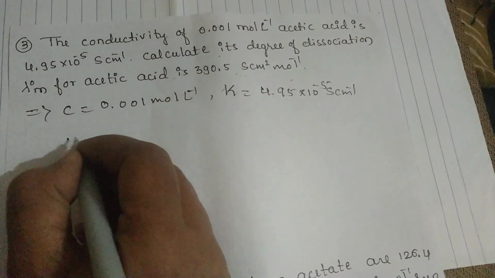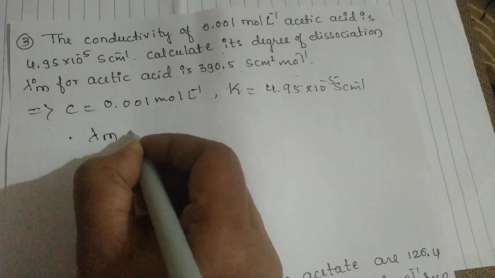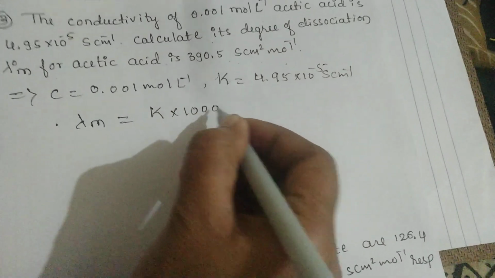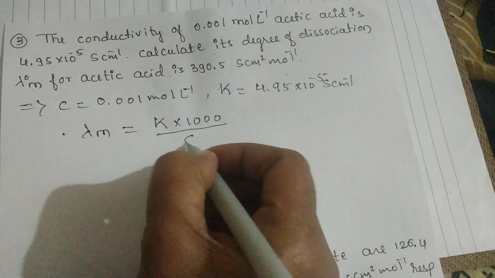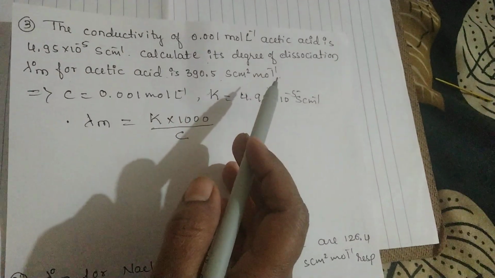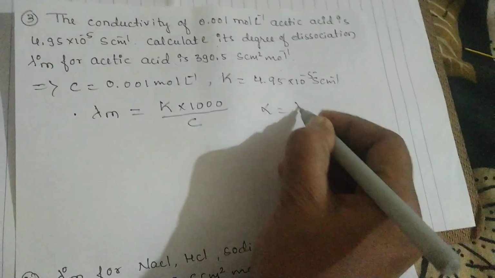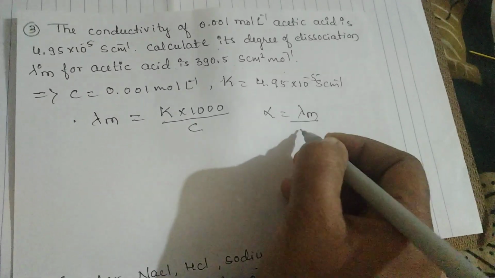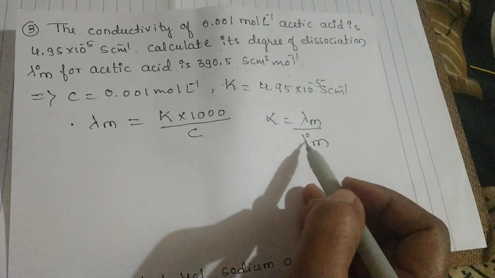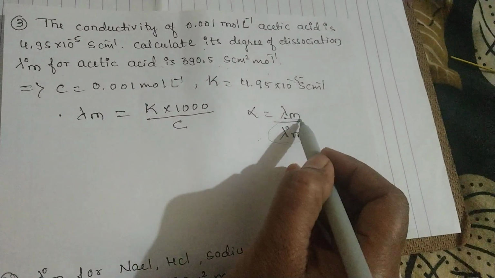So now we know the formula. Lambda m is equal to K into 1000 divided by C, because for calculating the degree of dissociation we know the formula alpha is equal to lambda m divided by lambda naught m. Here they have given only the lambda naught m value, but we have to calculate lambda m first.